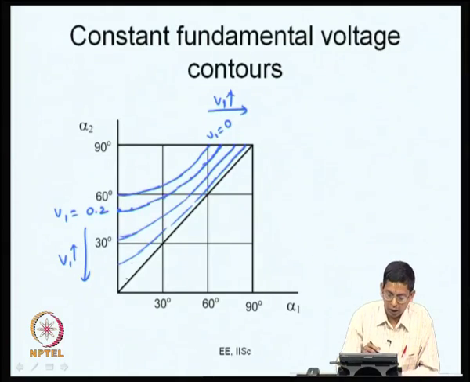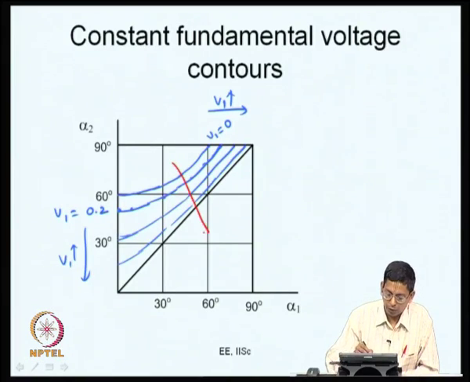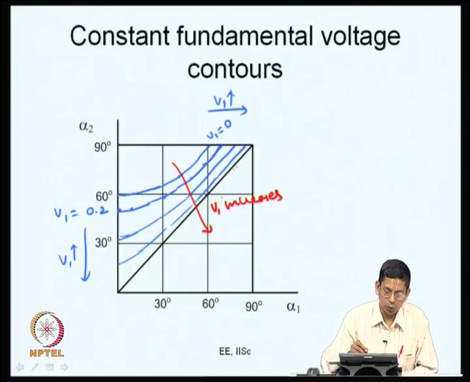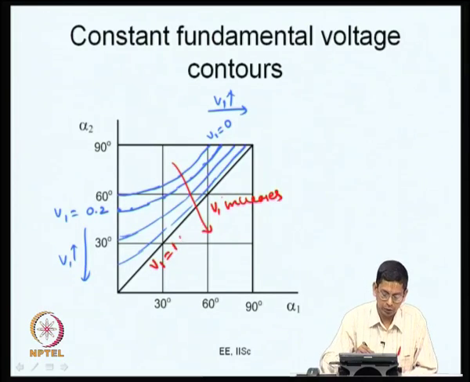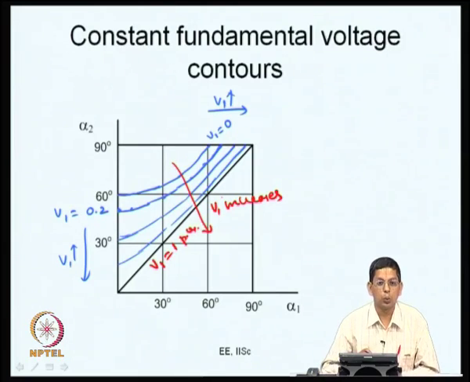So, I think I should better draw it this fashion. Let me take a red ink here. So, if I move in this direction, V1 increases. And what is my V1 along alpha 1 is equal to alpha 2 line? V1 is equal to 1 per unit. Alpha 1 is equal to alpha 2 is a square wave, and therefore, that is equal to 1 per unit.